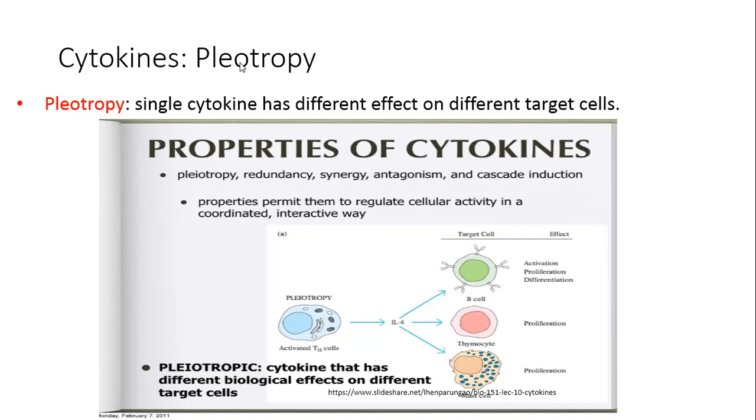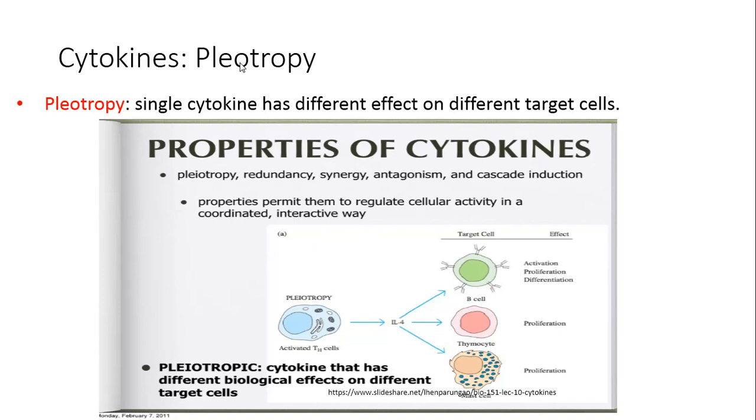Going back to our very first slide in the deck, I gave you the example of interleukin-1 that was released from T cells. If you want to take a second and go back to that slide in your notes, you can see that interleukin-1 was released from T cells, and it had a number of different effects.